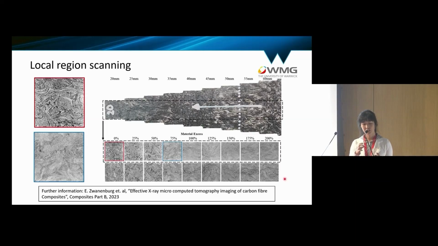Then if we just do a local scan, can we still achieve a good image quality, as if we are cutting the samples from the whole structure? Because I'm not a CT scan expert, if you are interested in this study, we've recently published a paper with more details about these studies, and just read about it if you're interested.